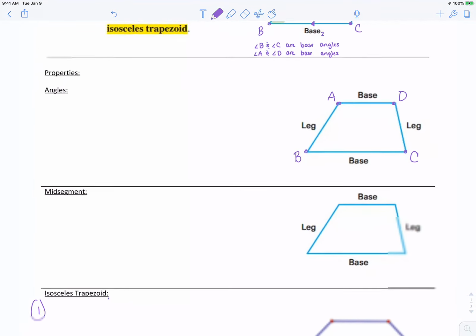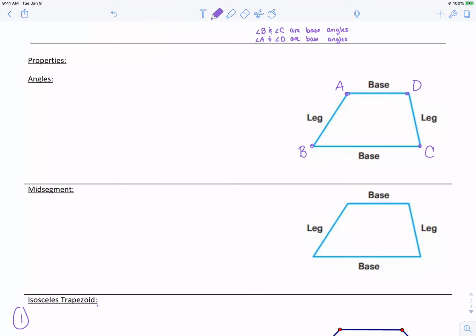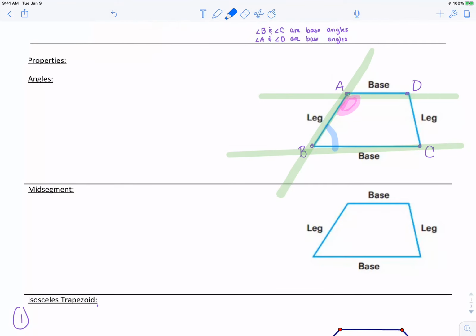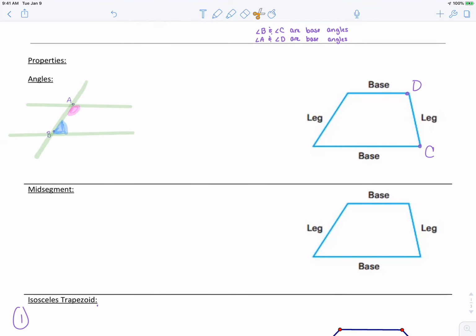Okay, so what properties do those leg angles have? Well, let's look at a pair. If I look at that base parallel to base BC, and then I've got this leg right here, and then I have angle A compared to angle B. Like I said, I like to call them leg angles. I'm going to take this and move it over here.